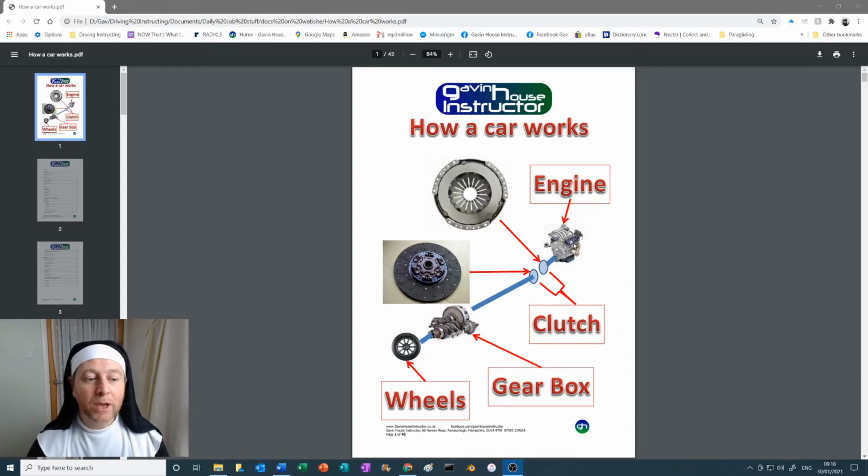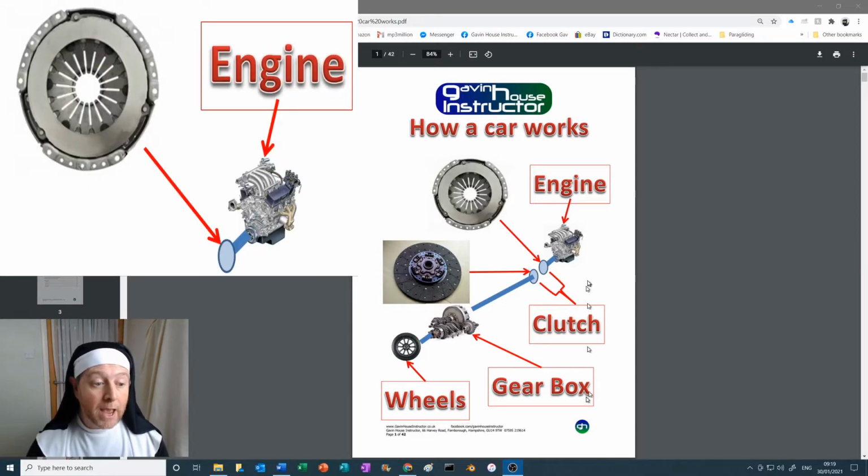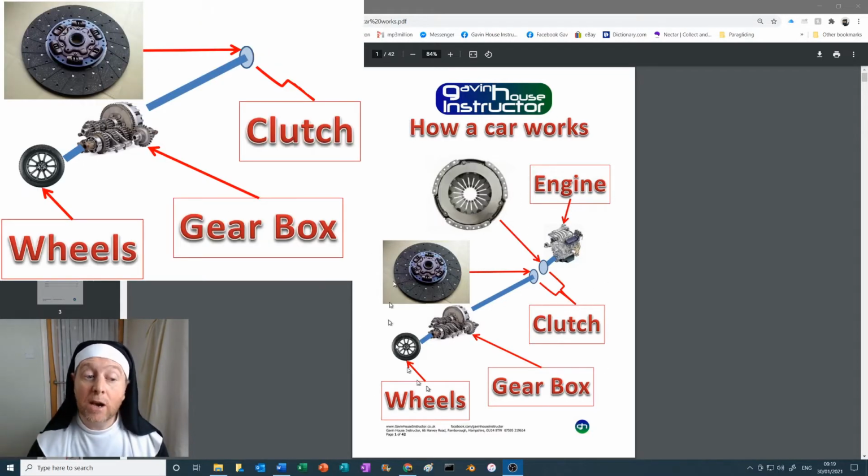Okay, so it is very important that you separate an engine from a car. Think of them as two completely separate things. So over here we have an engine, and then over here we have a car. Now, a car, yes, it is a big box. It's got seats in it and all sorts, but it is basically underneath. You've got the wheels of a car, then you've got a gearbox, and then you've got half a clutch that connects to the gearbox.